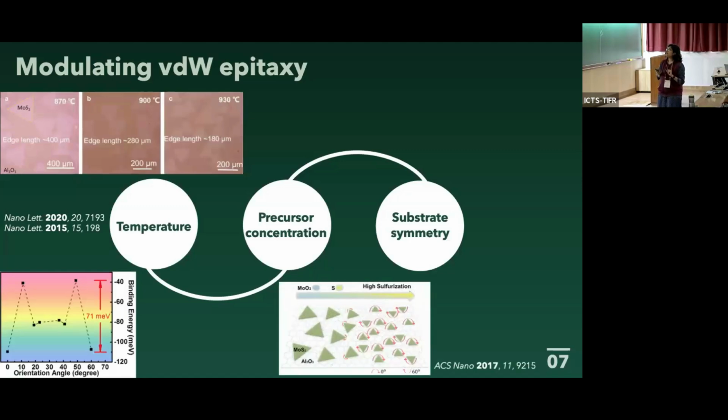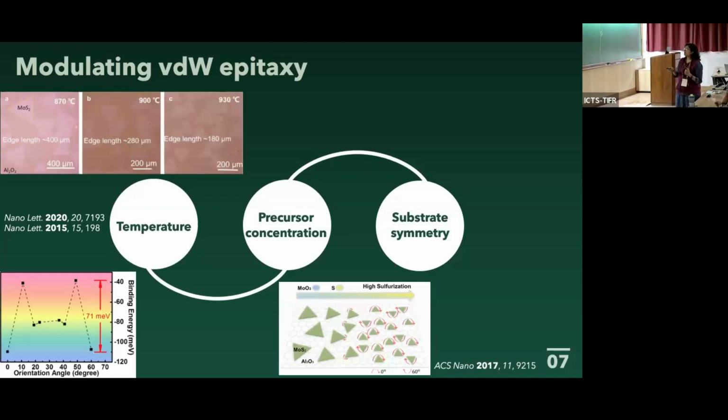Now the next one is the precursor concentration. It's not that all the time you have to go to higher temperatures and overcome this rotational barrier to facilitate van der Waals epitaxy. There are other ways to do that. For example, you can do it at much lower temperatures by giving a larger inflow of your precursor gases.